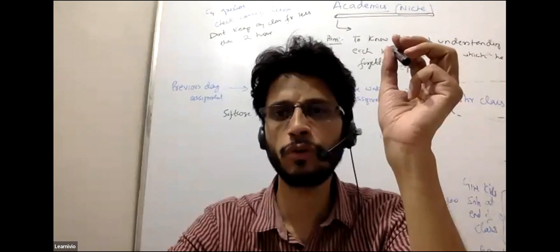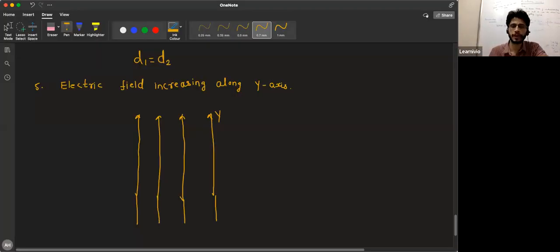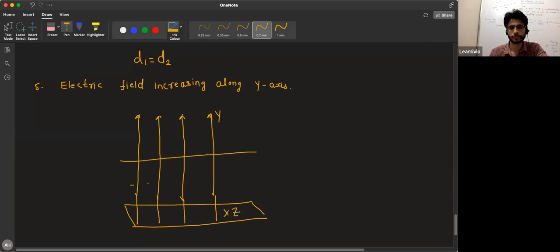So we know in which plane the surfaces will lie. This is your xz plane. This is the first surface. This is your second surface, and this is the separation between the two, let's say D1.